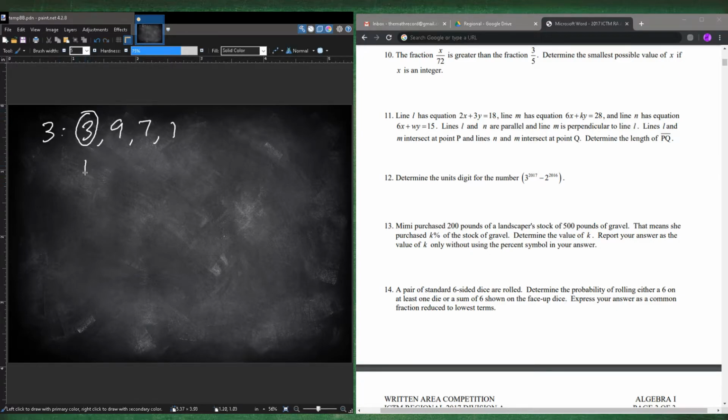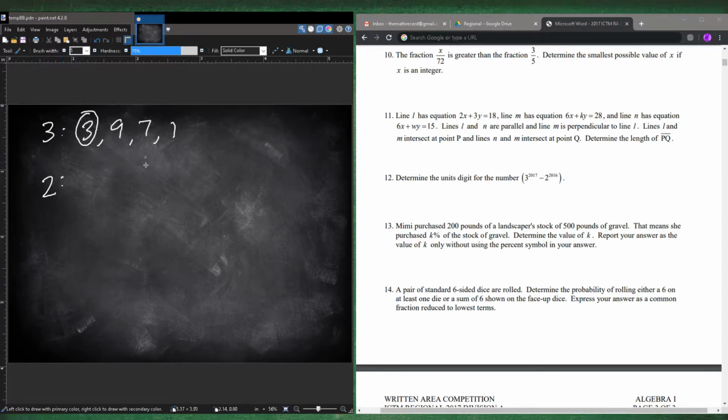Because it's raised to the first power, the second power, the third power, the fourth, fifth, sixth, seventh, eighth, ninth, 10th, 11th, 12th. So if the last one remaining is right here, 2017, then the units digit is 3.